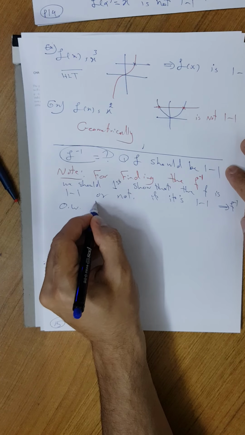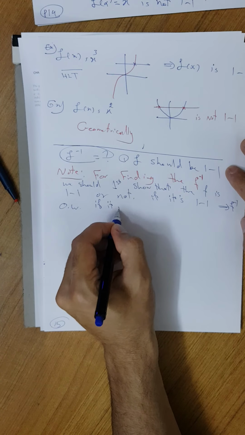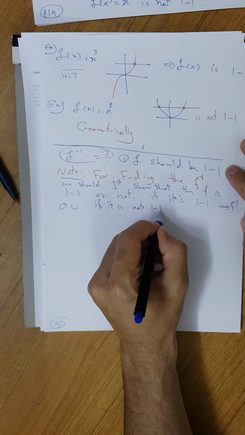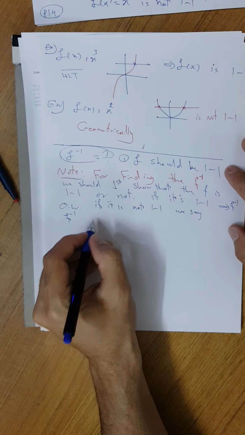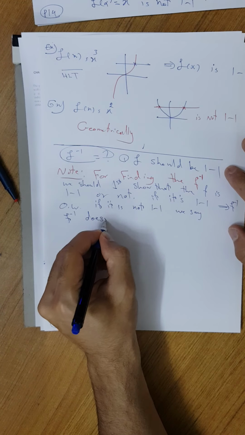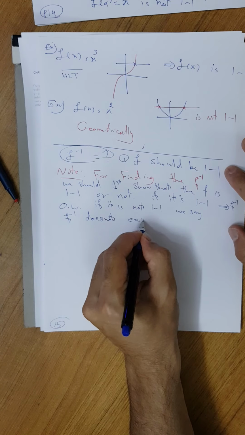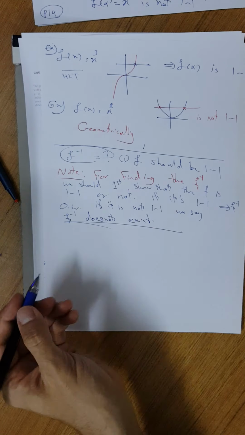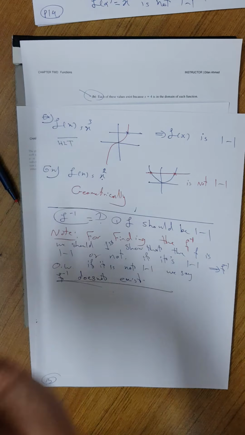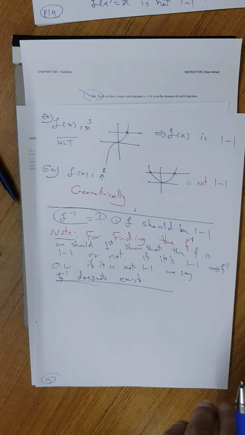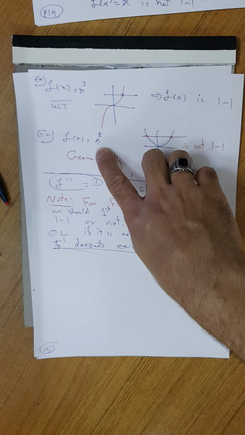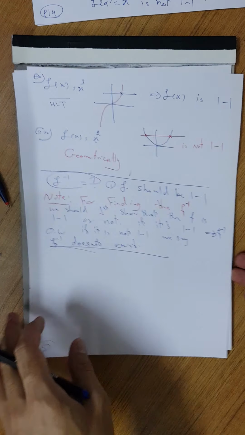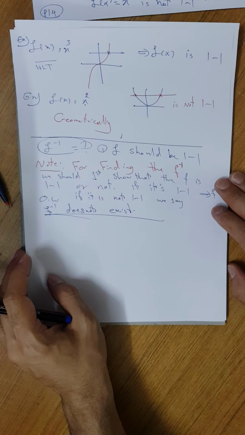Otherwise, if it is not one-to-one, we say f inverse does not exist. That's it. So if I say find the inverse of this function, you say the inverse does not exist, because f of x equal to x squared is not a one-to-one function.